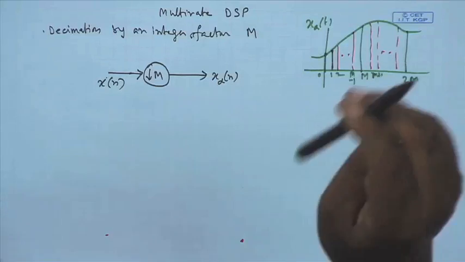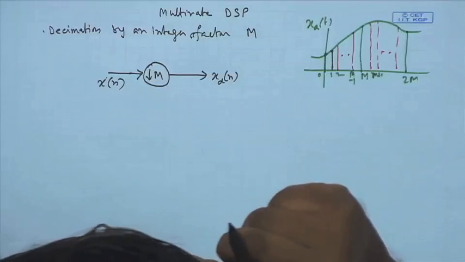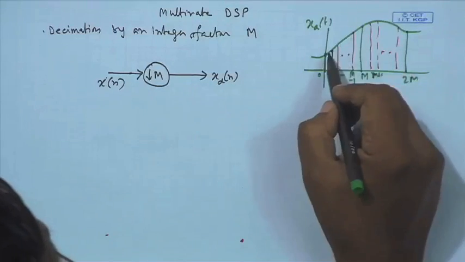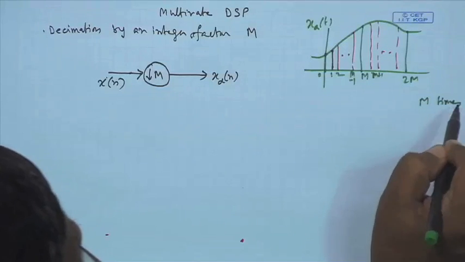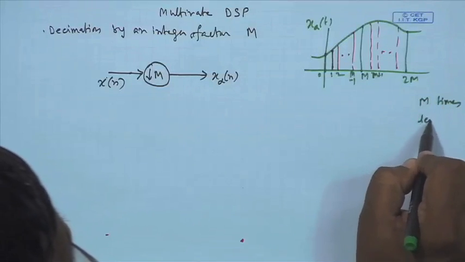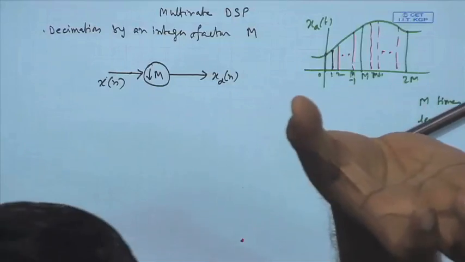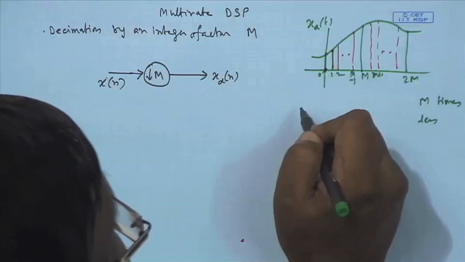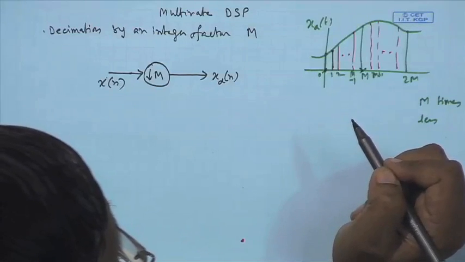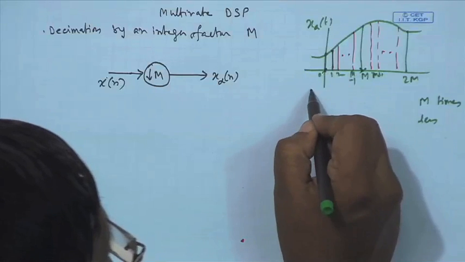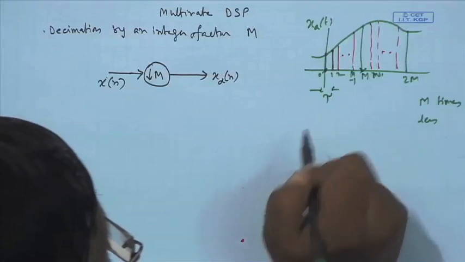But suppose I had sampled with a sampling rate which is m times less, that is, the sampling period m times larger. That is, after taking one sample here, the next sample would be here. Suppose this much is your one sampling period tau.